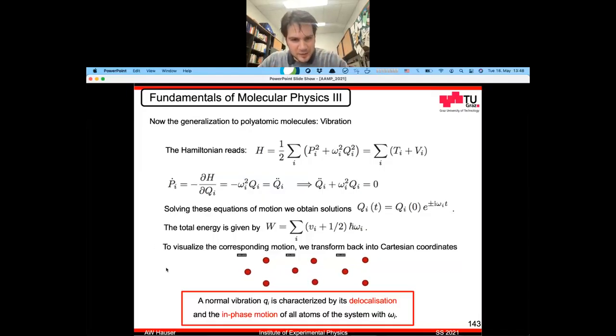For example, if you look at this first vibration here, it's one that makes an elongation of the triangle. At some point it's an equilateral triangle, and then it gets squeezed. So it's still symmetric with respect to this axis, but it's slightly elongated, right? So this is one type, and it will have a certain vibrational frequency, so some curvature for the harmonic oscillator that describes this type of vibration.